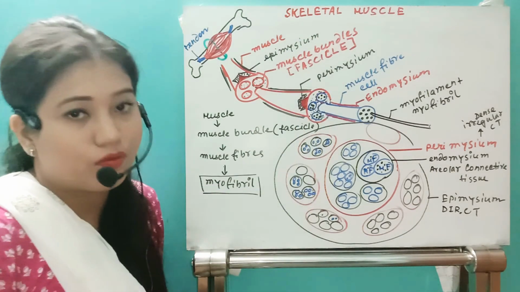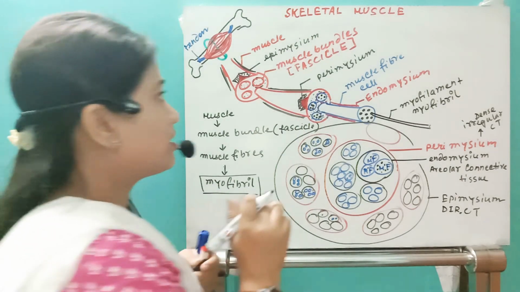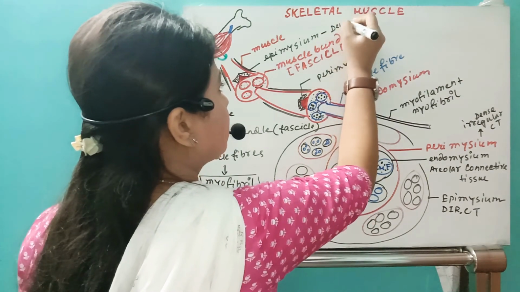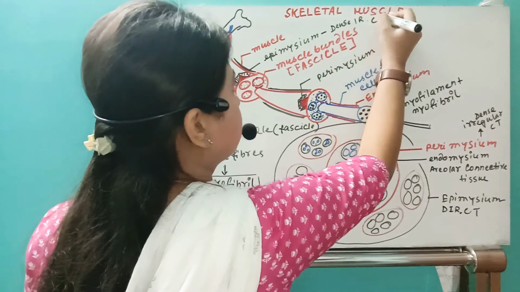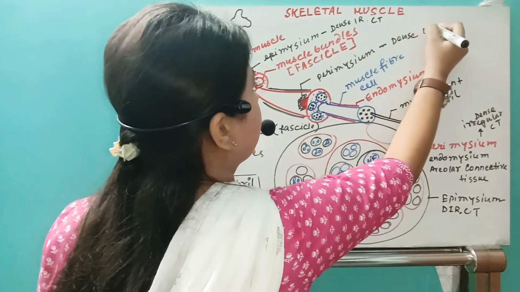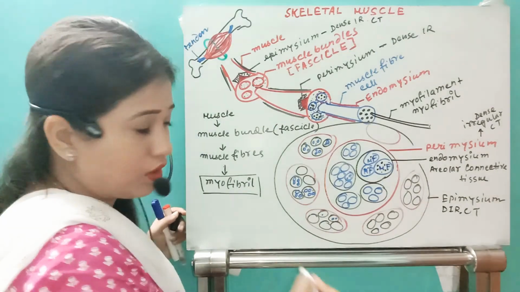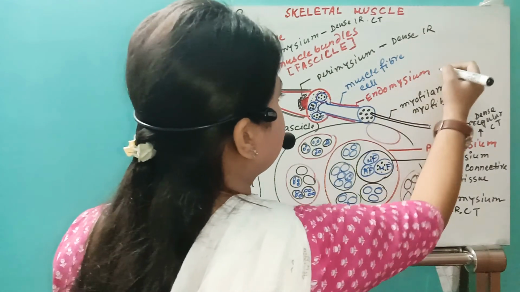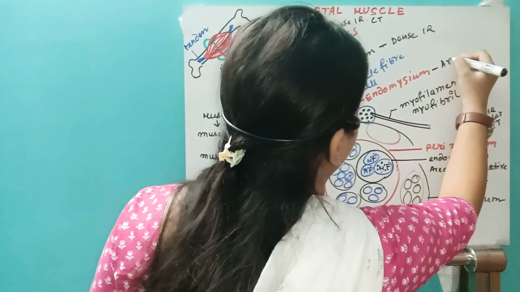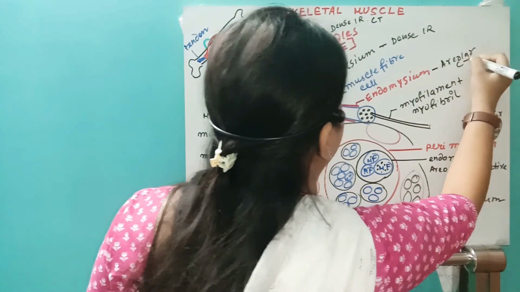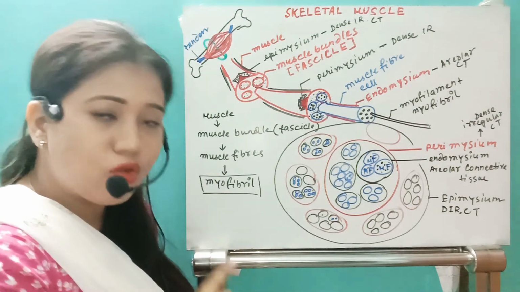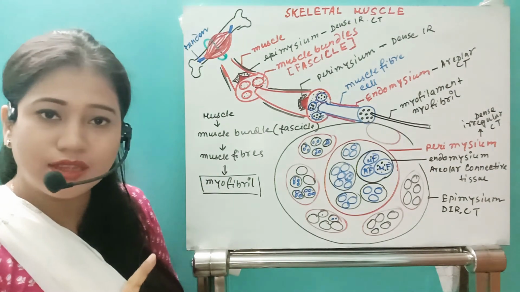Remember this point always: epimysium and perimysium are dense irregular connective tissue. Then this endomysium is nothing but areolar connective tissue. The innermost lining is endomysium.